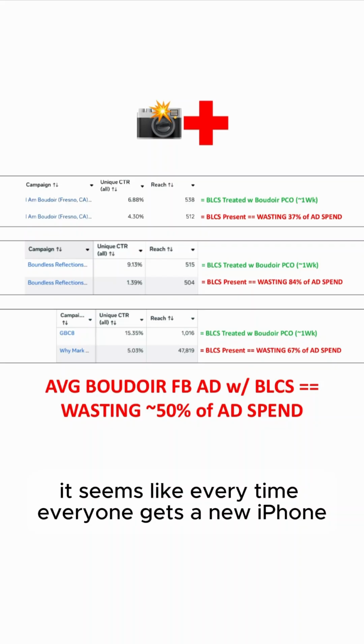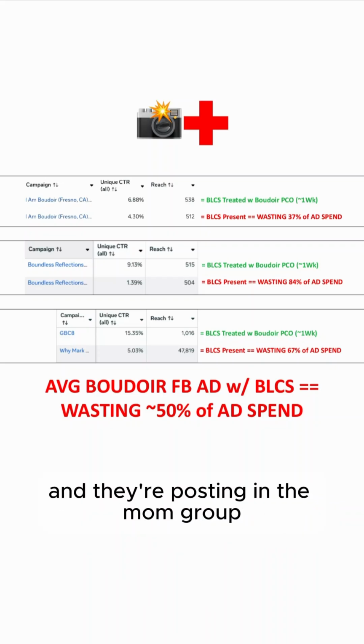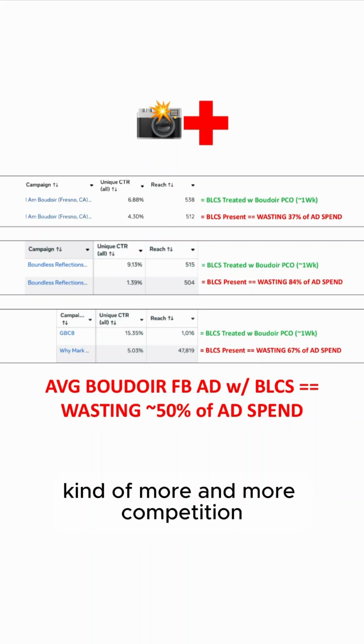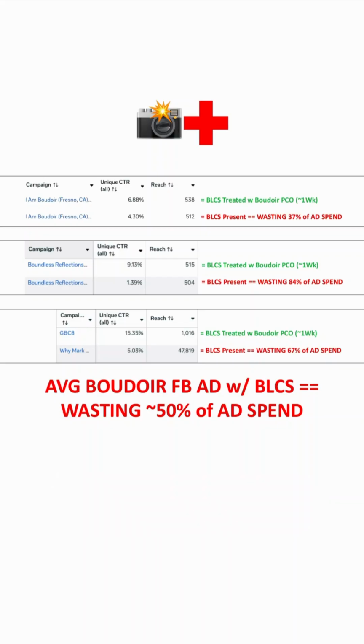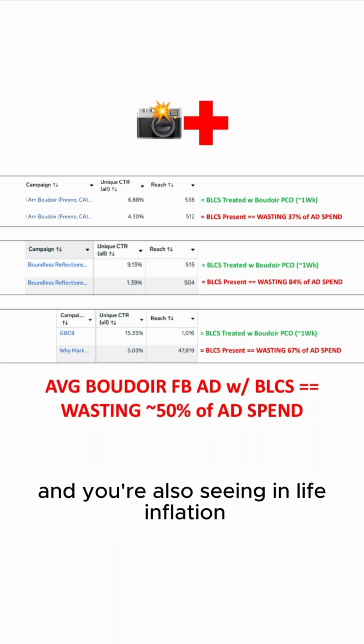It seems like anytime everyone gets a new iPhone, they turn on a Google My Business profile to say they offer Boudoir, or they get a new camera and they're posting in the mom group saying they offer Boudoir. So more and more service providers, same number of buyers, more and more competition, market's getting saturated, margins tightening for everyone. And you're also seeing life inflation, life costing more and more.